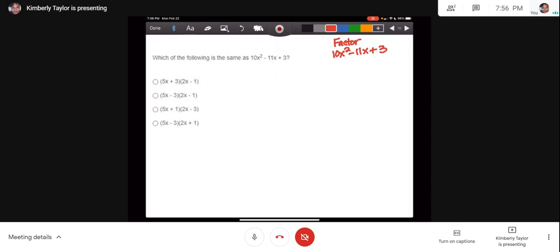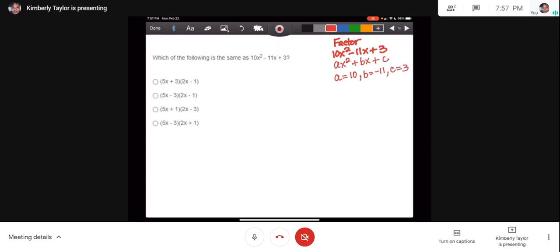So let's identify this. This is first off a quadratic in the form of ax squared plus bx plus c. So the value of a is 10. The value of b is negative 11. The value of c is 3.